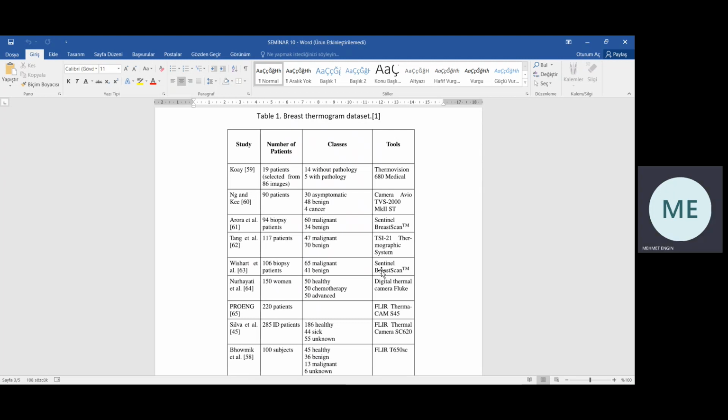It is suggested that more studies of breast thermogram acquisition with universal standards should be undertaken in the future to support specialists and researchers in their educational and research activities. Moreover, datasets are the primary concern in the training process of deep neural networks.